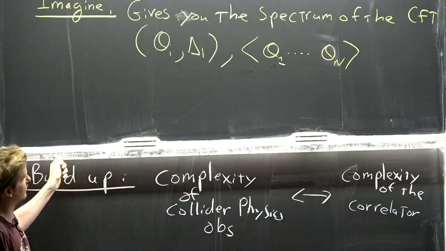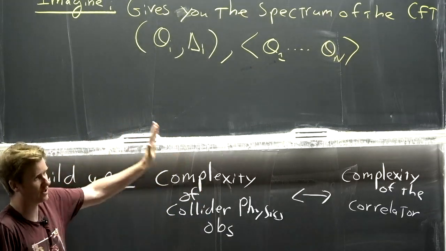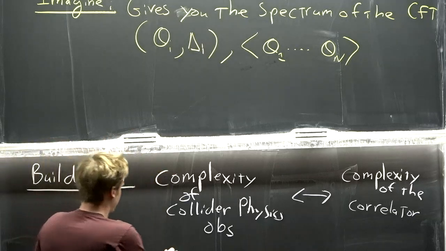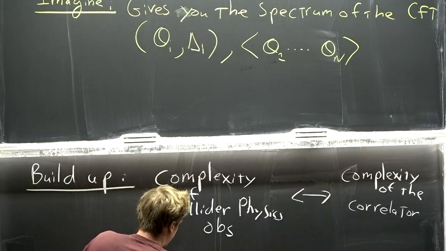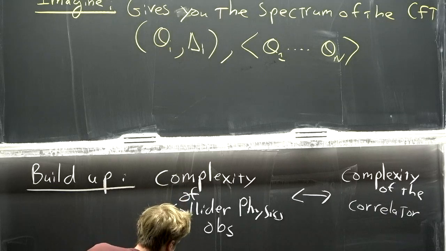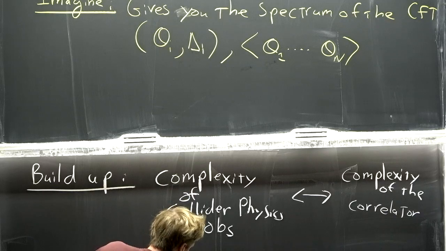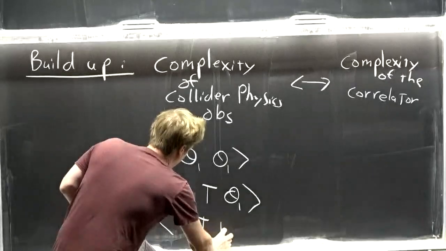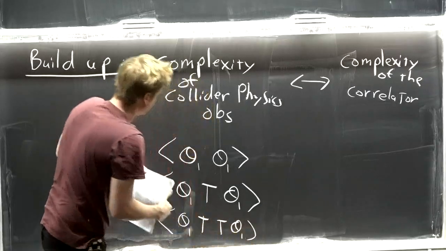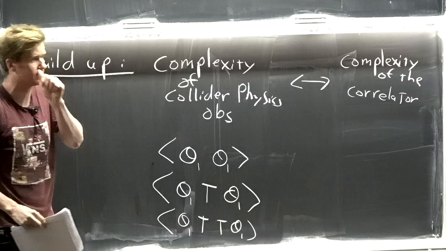So I want to map out what these correspond to on the collider physics side. We'll start with 2-point functions, then go to 3-point functions, then 4-point functions, et cetera, and we'll see how each of these gives different things in the collider physics world which we can study.